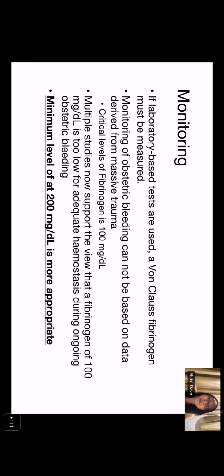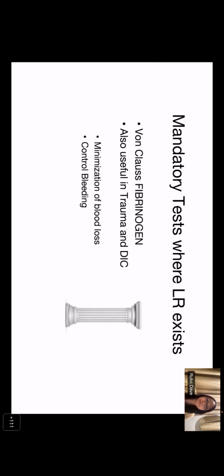So monitoring of obstetric bleeding cannot be based on data derived from massive trauma, where the cutoff is 100 milligrams per deciliter, because 100 milligrams per deciliter is too low to maintain adequate hemostasis. If it was 100 and the placenta is delivered after that, it will go significantly lower. So the minimum level that you should aim at is 200 milligrams per deciliter.